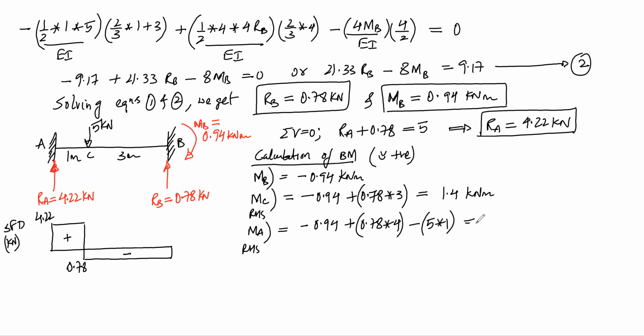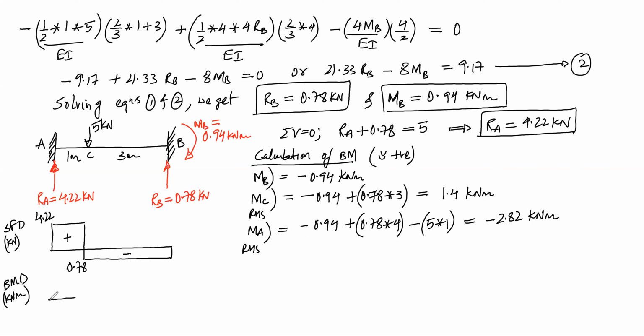So this will be minus 2.82 kilonewton meter. So now we know the bending moments at various points. So we can draw the BMD in kilonewton meter.